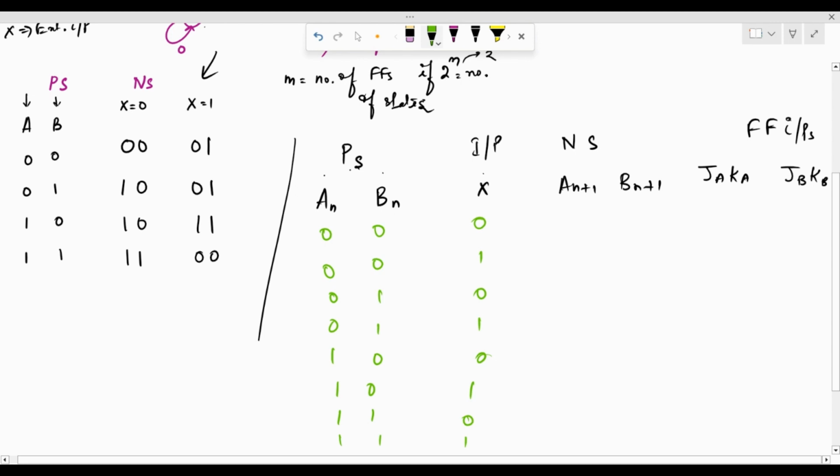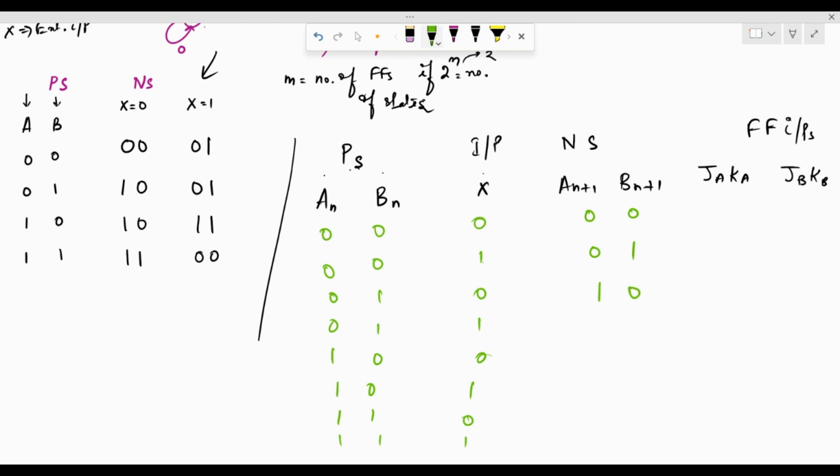Now, from the state table, we can fill up the next state, which is pretty simple. For 00, when X is equal to 0, we have 00.